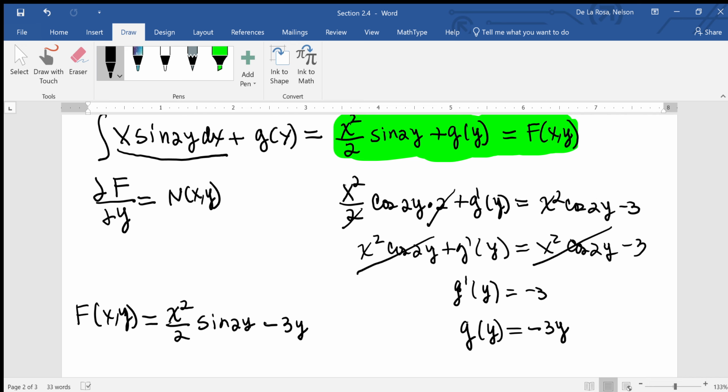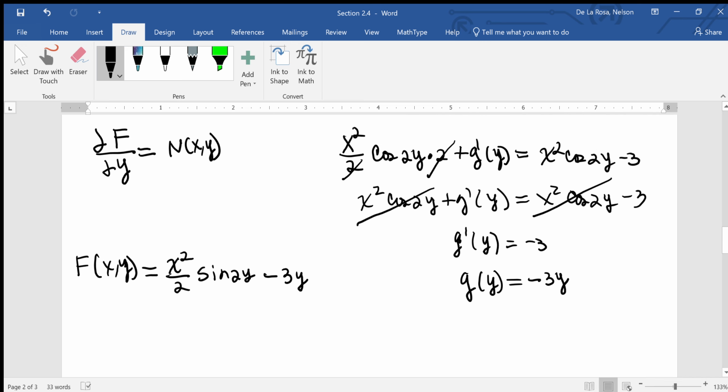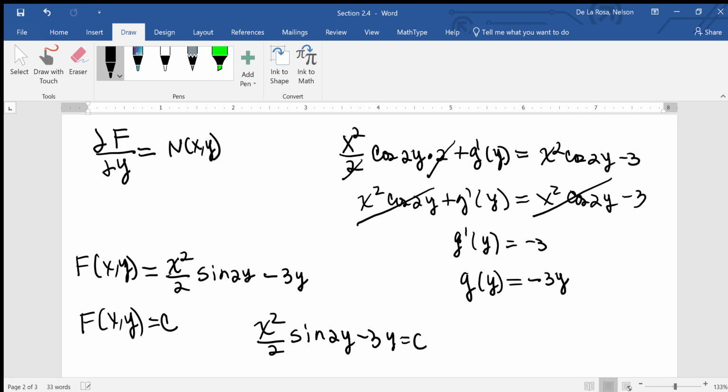And then the way to express the solution is f of x comma y equals c. So what's going to be the answer? The answer is going to be x to the second divided by 2 sine of 2y minus 3y equal to c. And that concludes the problem.